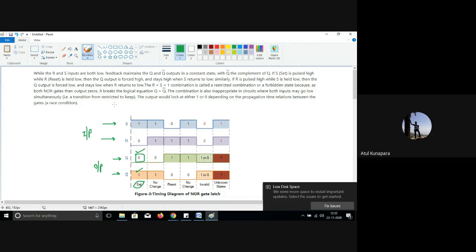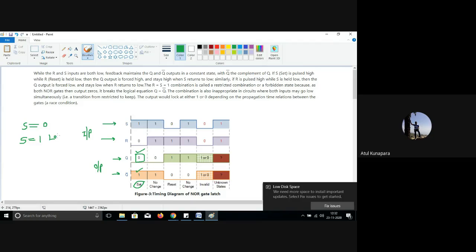Hello everyone. Please don't get confused here. This timing diagram is shown with the reverse notation. That is, when S is equal to 0, it is considered an active high signal, and when S is equal to 1, it is considered an active low signal. That means this is logic 0, or you may call it a low signal.